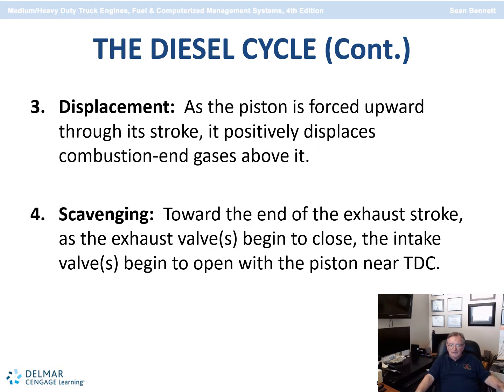As the piston is forced upward through its stroke, it positively displaces the combustion end gases above it. And scavenging occurs, as we talked about with valve overlap. This is when the intake valve will open towards the end of the exhaust stroke, and that allows the exhaust gases to be cleaned out of the cylinder, also known as scavenging.